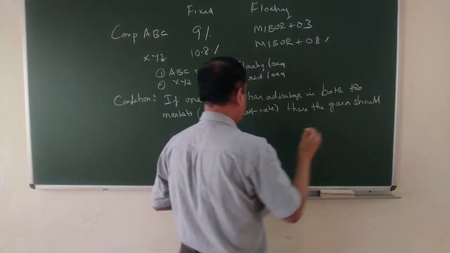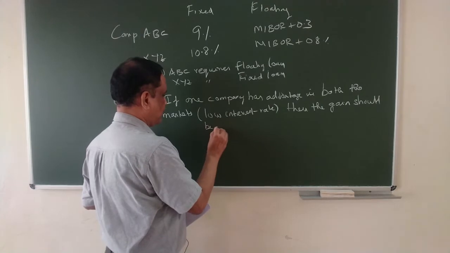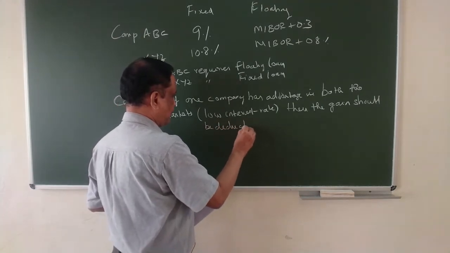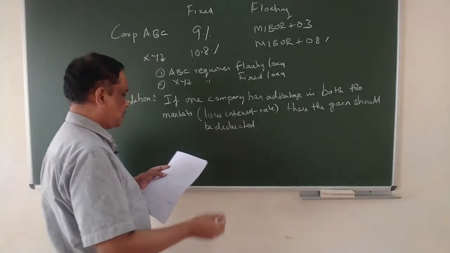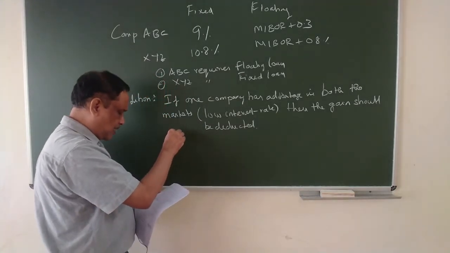So in this case, the floating rate gain is 1.8.